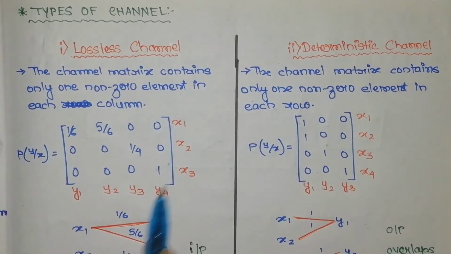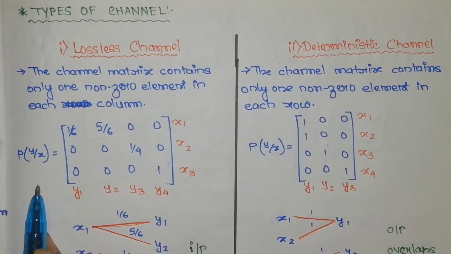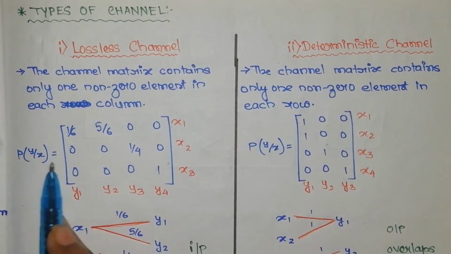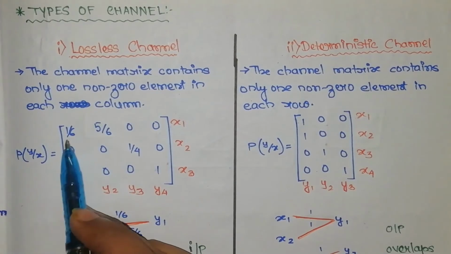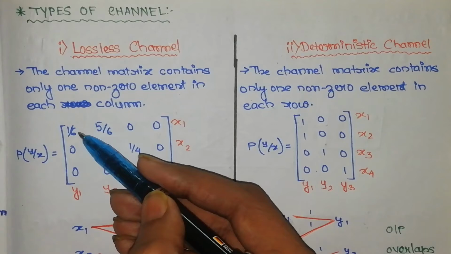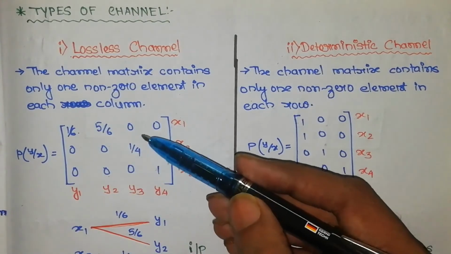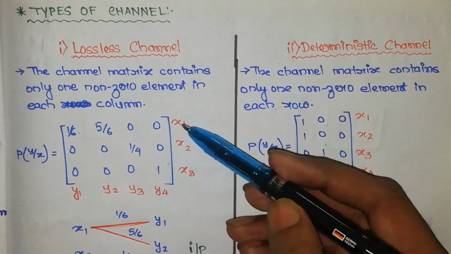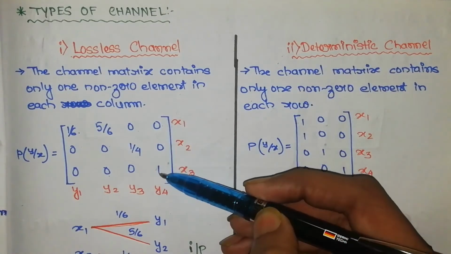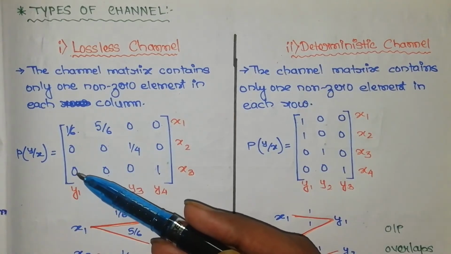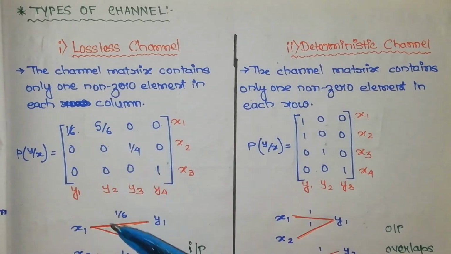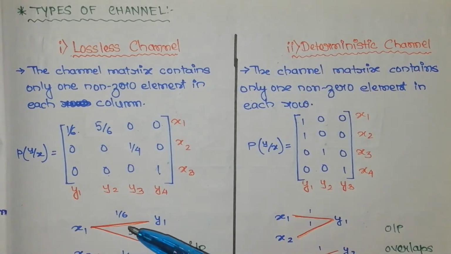So this is an example of lossless channel transition matrix. P(y/x) is equal to, in the first column 1/6 0 0, second column 5/6 0 0, third column 0 1/4 0, fourth column 0 0 1. So we can see that in every column there is only one non-zero value.